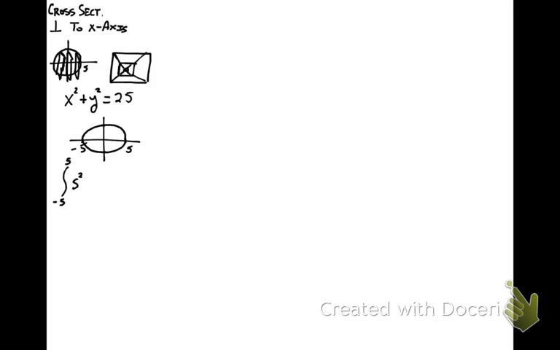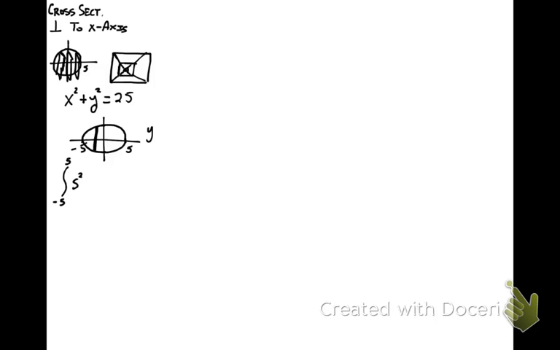What we need then is an expression for this distance right here, because that distance would be the side length of a square. So what we do know is that the whole square is x squared plus y squared equals 25.